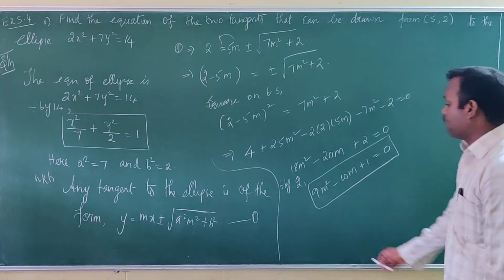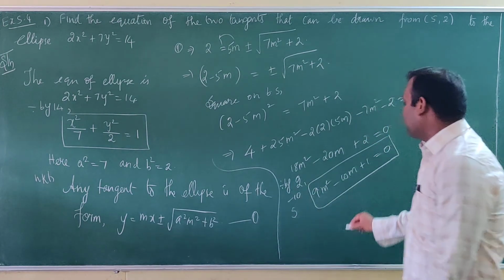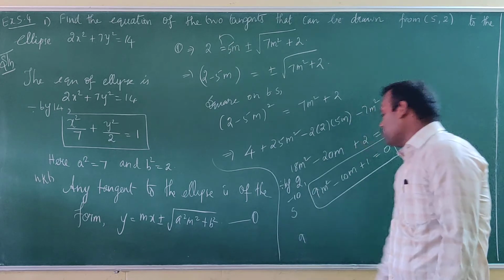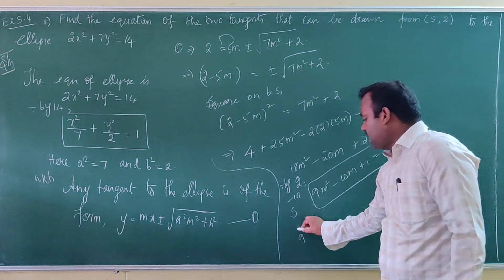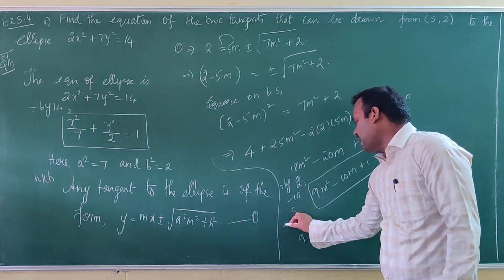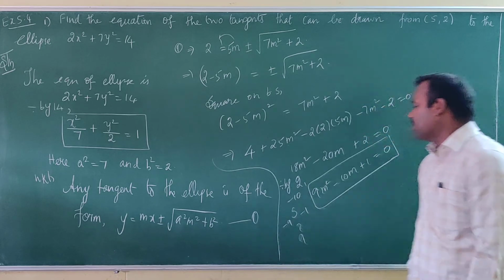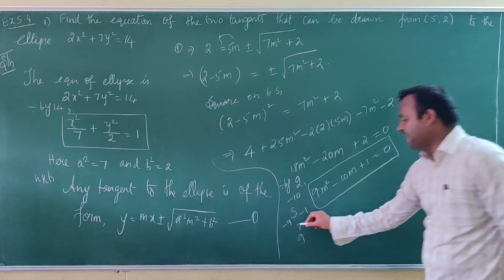How we can factorize this quadratic equation means here the sum is minus 10 and the product is 9. You have to think of the two numbers whose sum is minus 10 and product is 9. So we can have that the numbers are minus 9 and minus 1. Since the first term is 9, you have to divide by 9.